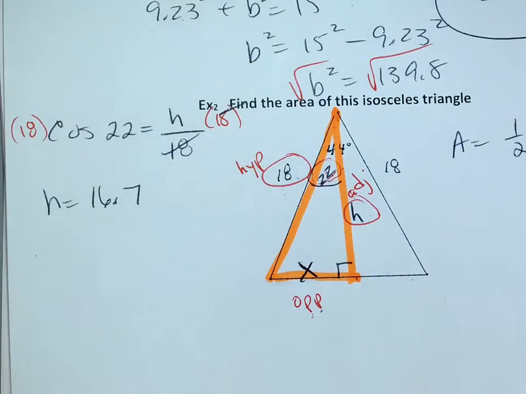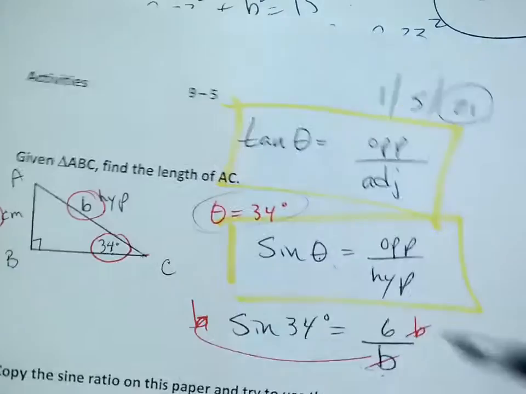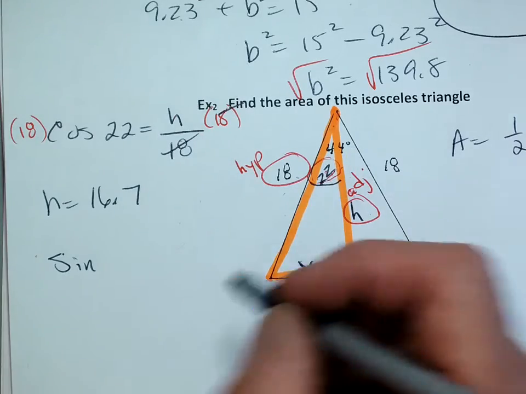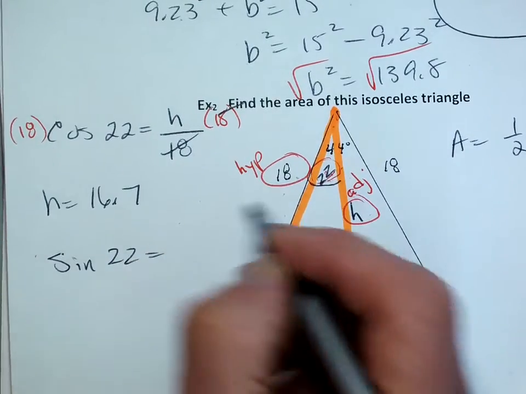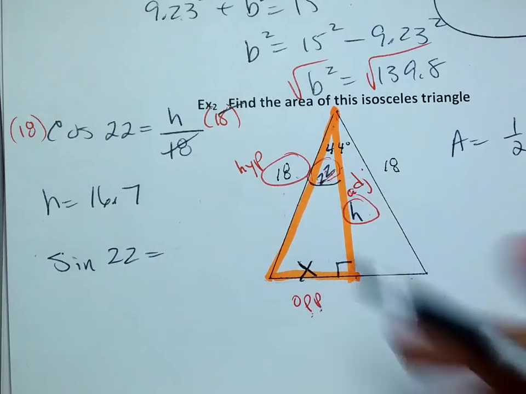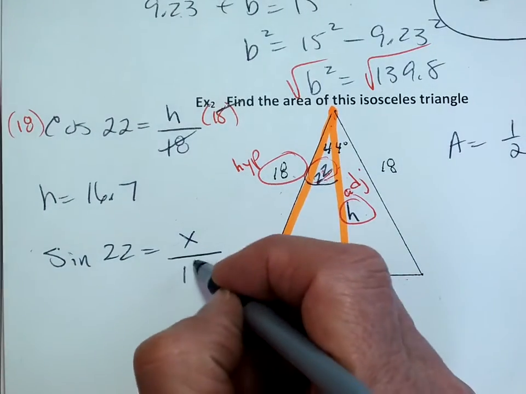So I'm going to set up the sine of theta, and theta is 22 degrees, equal to the opposite side, which is my unknown x, over my hypotenuse, which is 18.